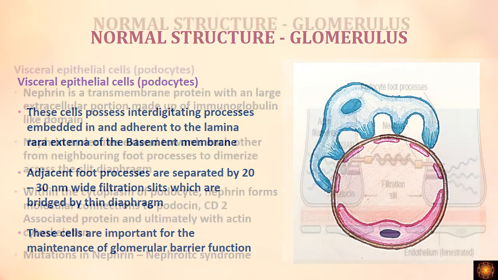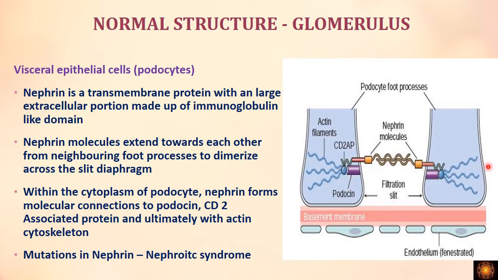Now when we see in between the foot processes, we have one important protein called nephrin. This nephrin protein has an intracytoplasmic domain and an extracytoplasmic domain. The extracytoplasmic domain is an immunoglobulin-like molecule. The immunoglobulin-like molecules of both adjacent foot processes dimerize, whereas the intracytoplasmic part of nephrin combines with podocin and CD2 associated protein.